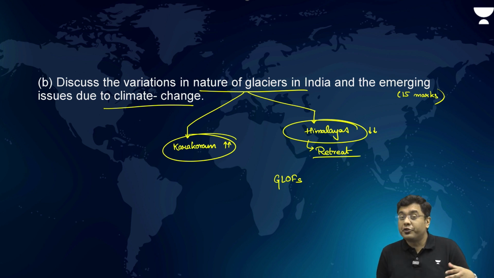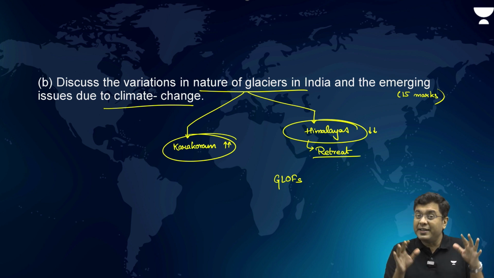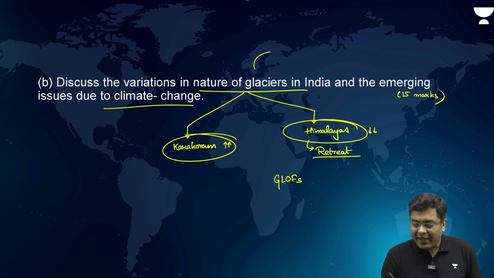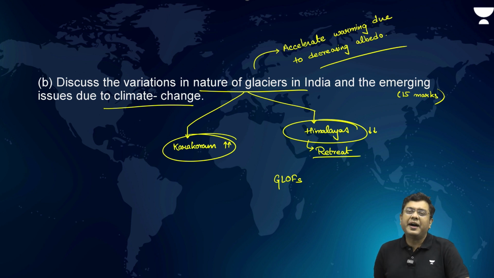Then as the glaciers melt, due to the factor of decreasing albedo, because when the glaciers melt, the albedo of the region decreases, it will also accelerate the warming process, accelerate warming due to decreasing albedo. This is a factor. So, these factors you had to basically discuss in this question.